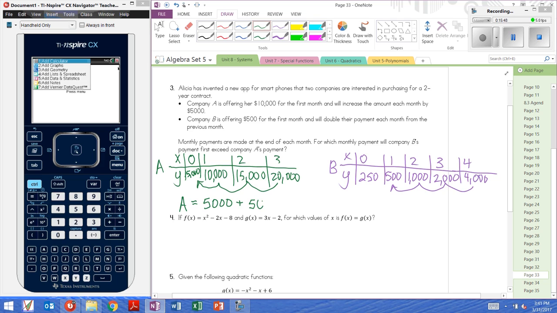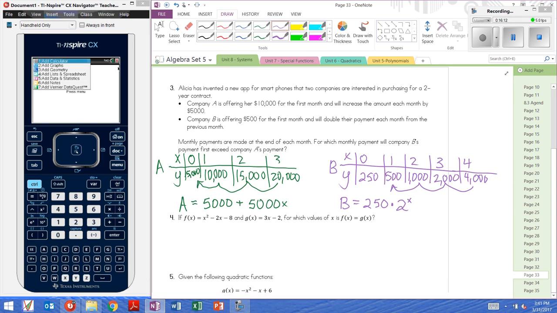Didn't we just add 5,000 every single time? Okay. And then company B, we started at 250, but then we kept multiplying that by 2 over and over and over again. So that's how I would have to model it, 2 to the x power.